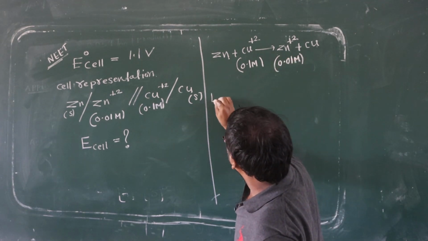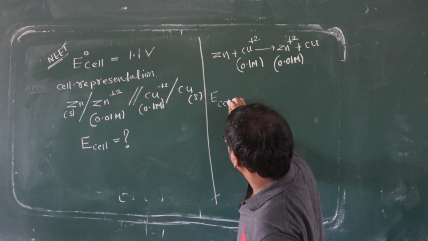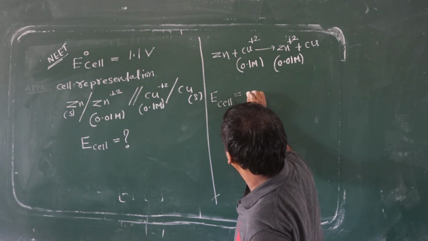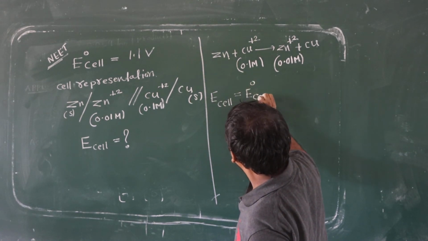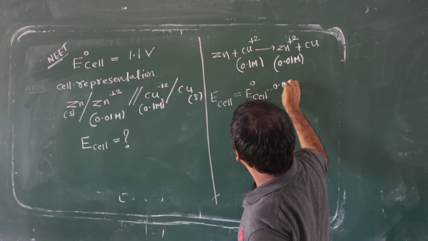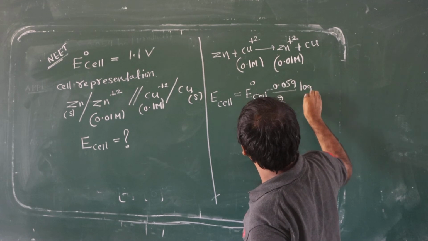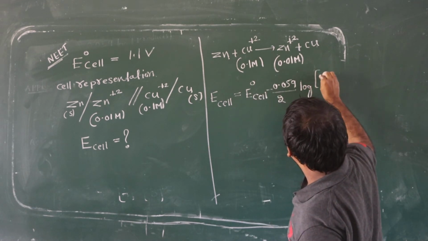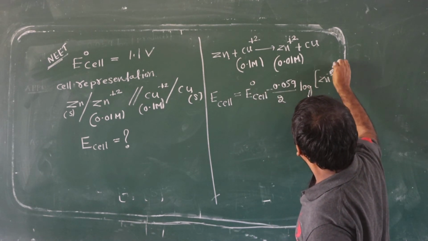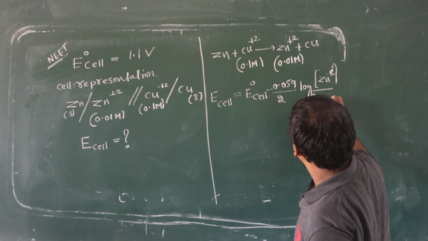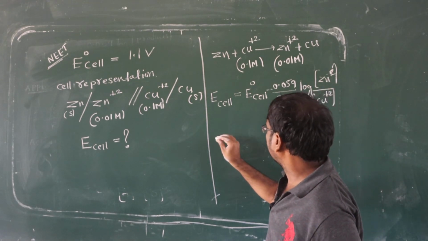Then I am going to write the next equation for this: E cell is equal to E naught cell minus 0.059 by 2 log of the concentration of product Zn plus 2 divided by the concentration of reactant Cu plus 2.